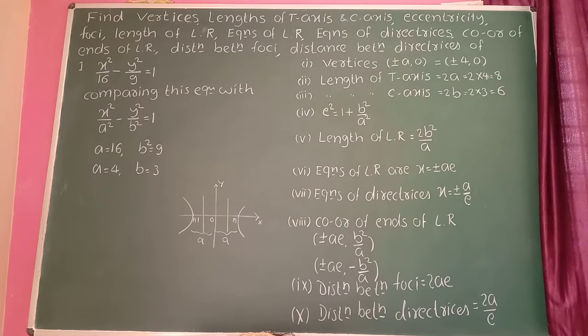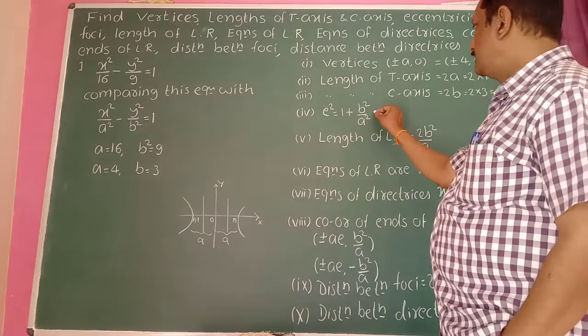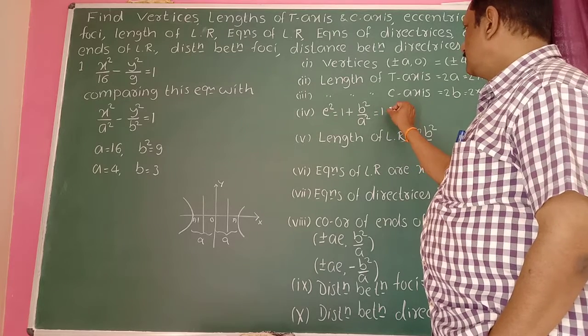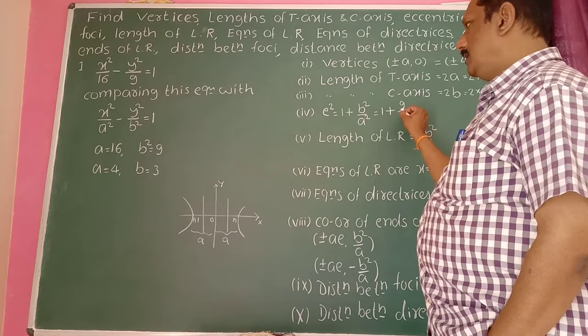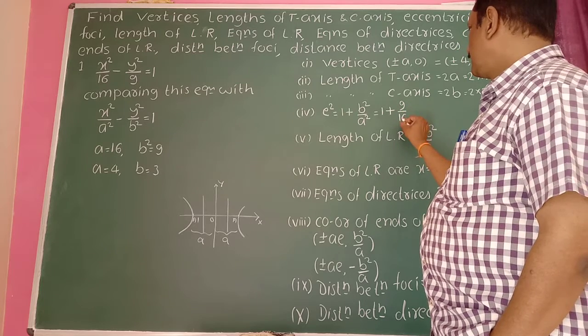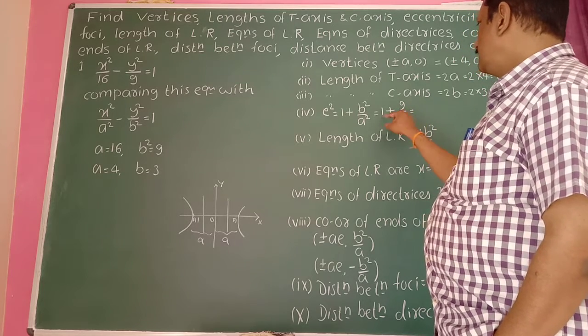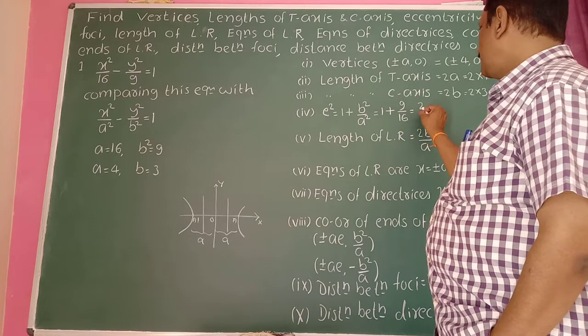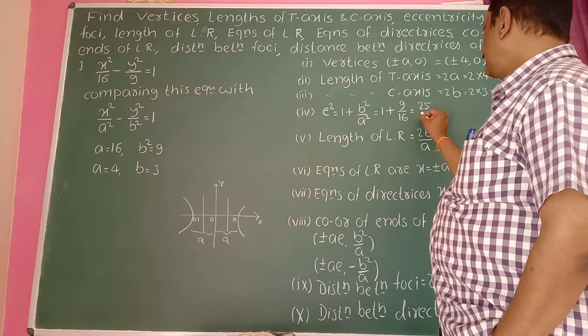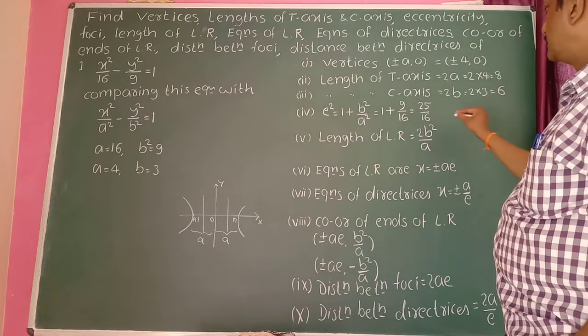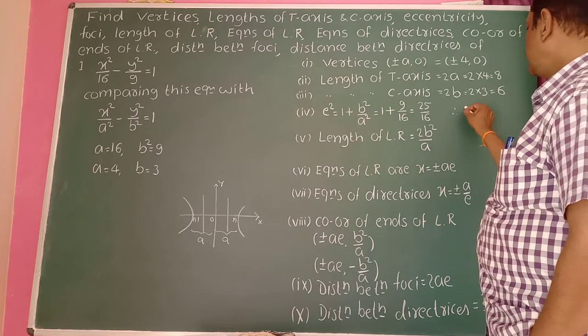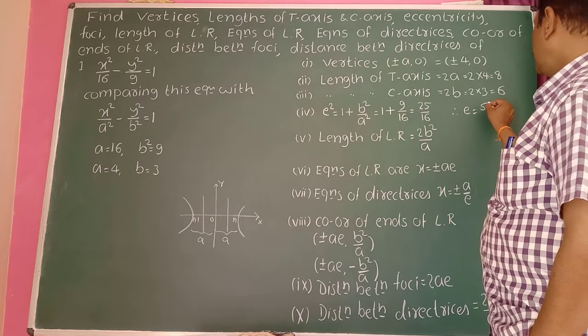Next, eccentricity is given by square root of 1 plus b square by a square. 1 plus b square is 9 and a square is 16. Then 16 ones are 16, plus 9 becomes 25, so 25 divided by 16. Therefore, e square is equal to 25 by 16, which means eccentricity is 5 divided by 4.